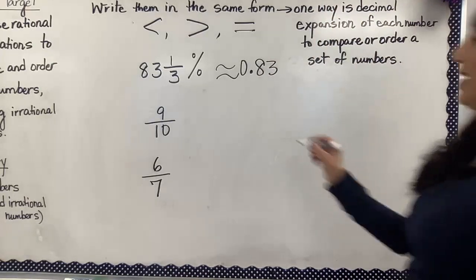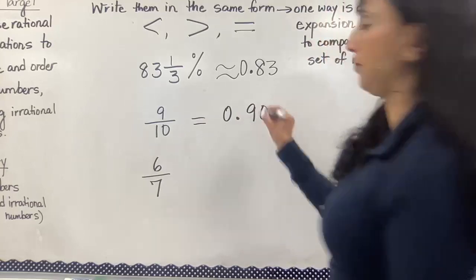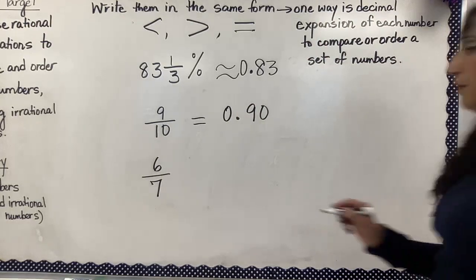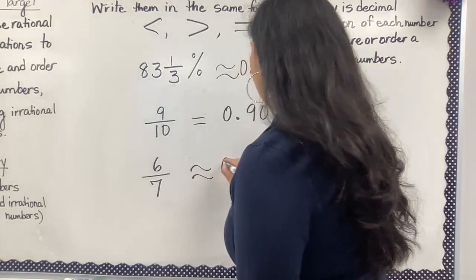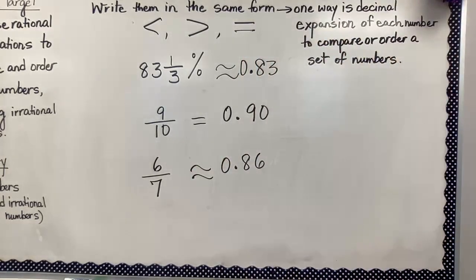What is 9/10? 9/10 is 90/100. And 6 out of 7, which is 6 divided by 7, I am going to get approximately 0.86.